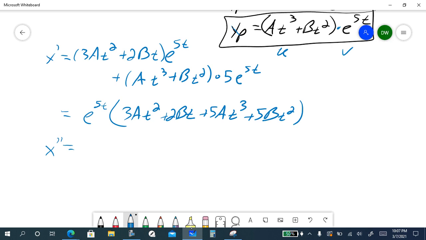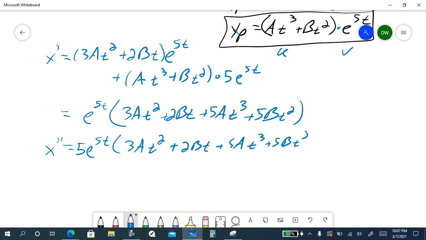So then our second derivative, if this is u this time, then u prime would be 5e to the 5t times the parentheses. So that's u prime v, and then plus u times v prime.